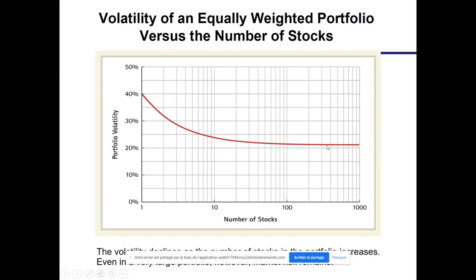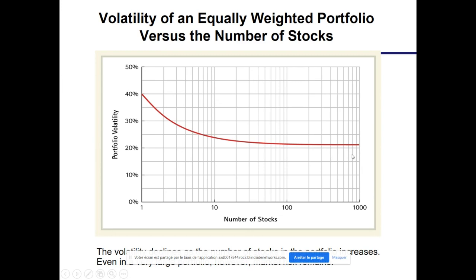So this part, from 40% to 20 something, should represent the idiosyncratic risk or diversifiable risk, whereas this part, from this point to 0, should represent something called systematic risk or the market risk. So no matter what, you as an investor must bear that particular risk.